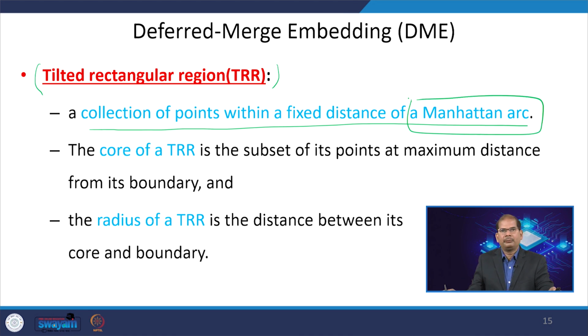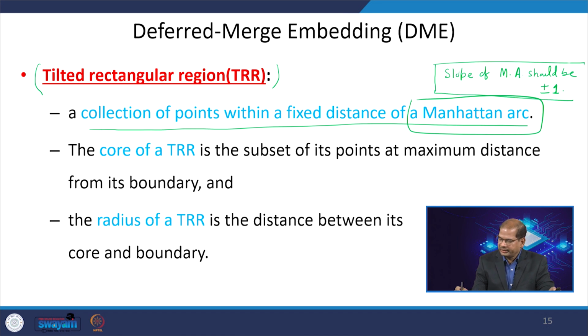One of the important points is that the slope of the Manhattan arc should be plus minus 1. This is important. I will show how the slope is plus minus 1.